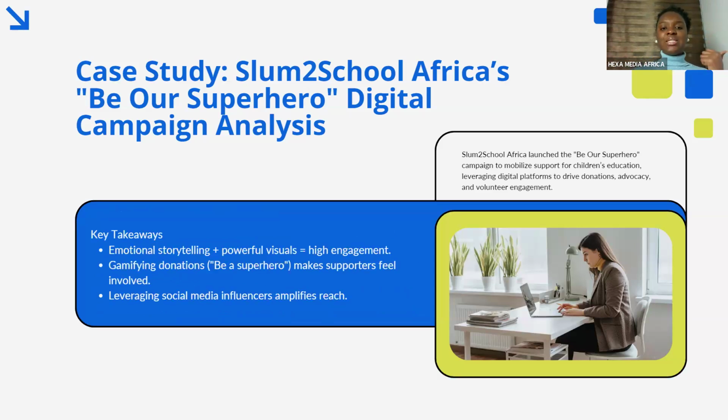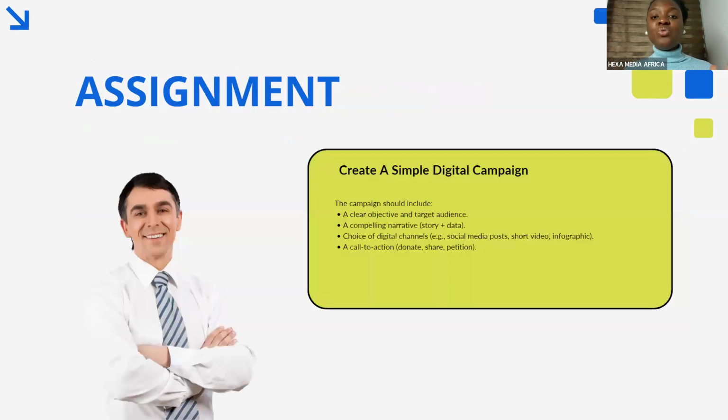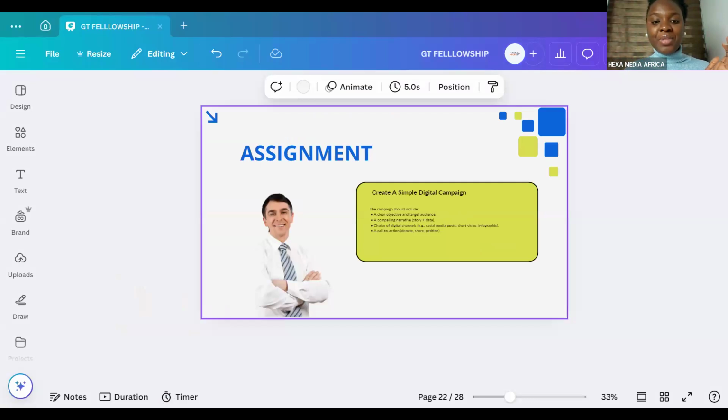So: emotional storytelling, powerful visuals, the use of gamification, and also leveraging social media influencers. That part of what they did was an amazing strategy for the organization. And if you watch, they did not just use anyone. They leveraged people who were specifically around their target audience.